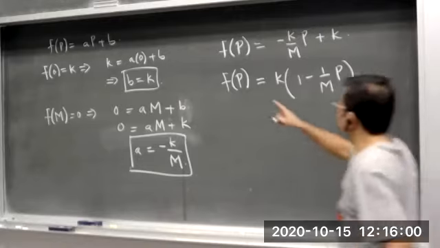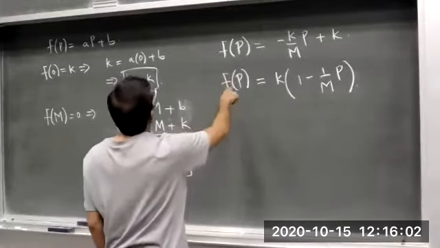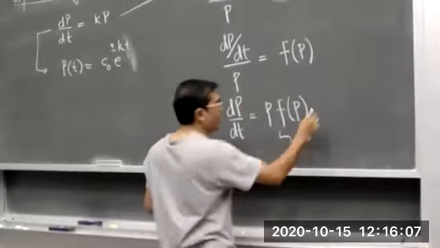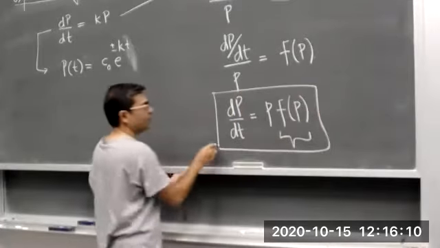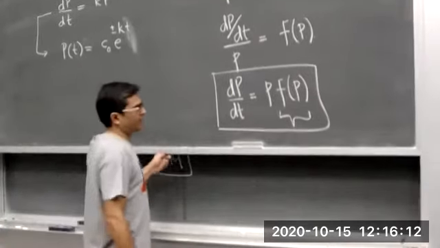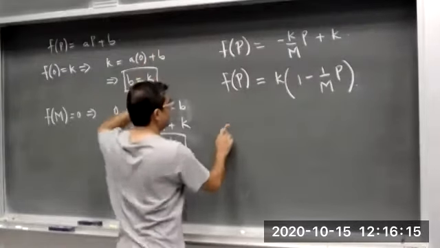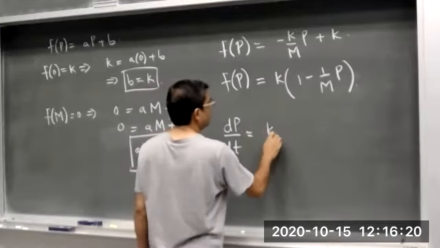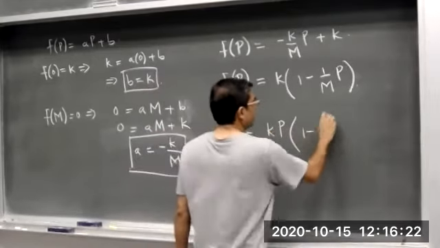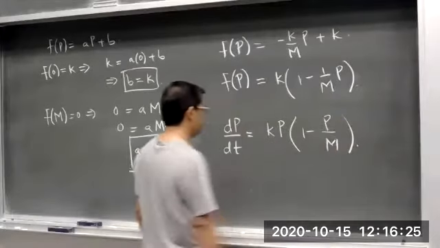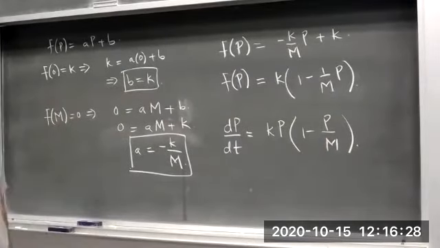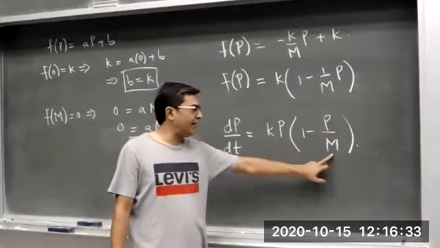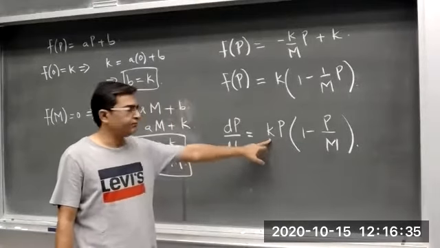So if this is the value of the function f of p, then that equation, which we are trying to generalize, becomes dp by dt is equal to k times p times 1 minus p by m, where m is the maximum population, or we call it carrying capacity, and k is the growth rate again.